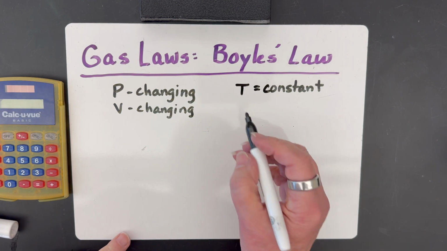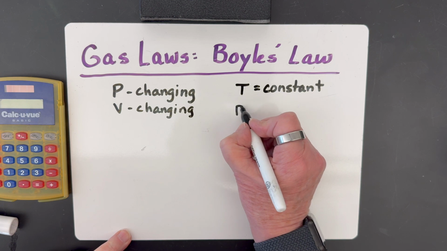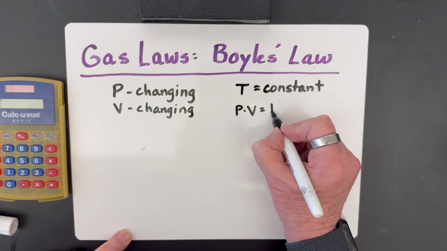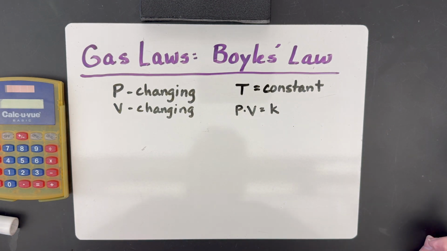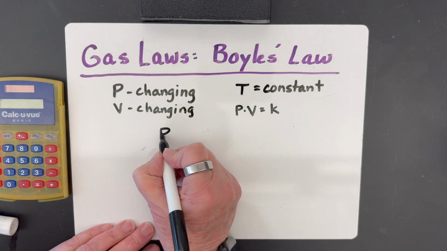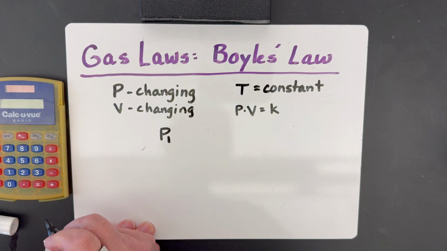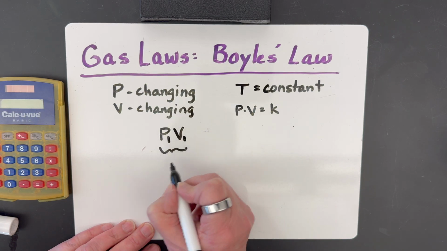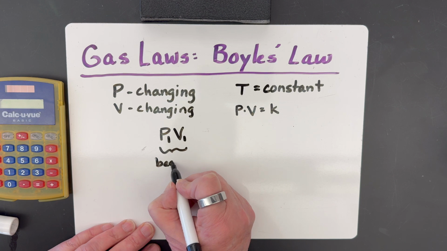Boyle's Law actually says that pressure times volume equals a constant. But the way that we're going to use this is to figure out either pressure or volume when the other one changes. So we're going to actually use it in this form. Your starting conditions, pressure 1, volume 1, that's our beginning conditions.